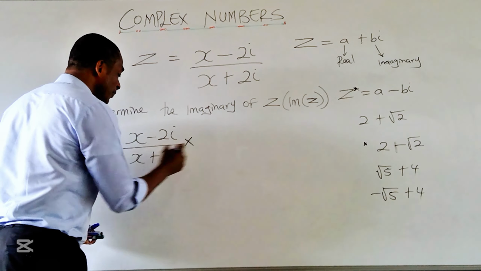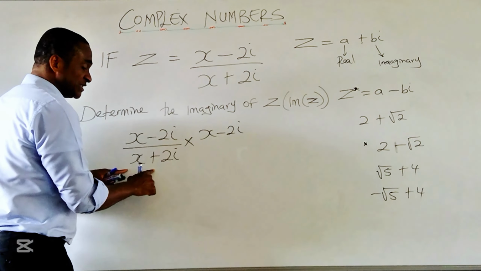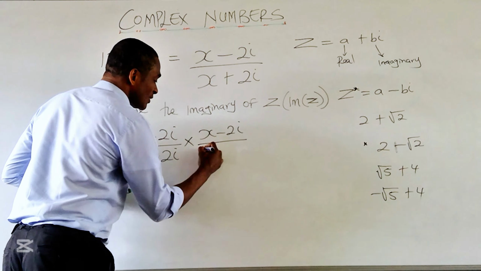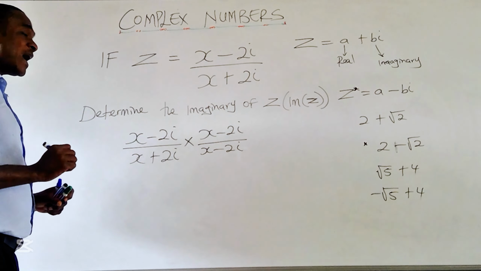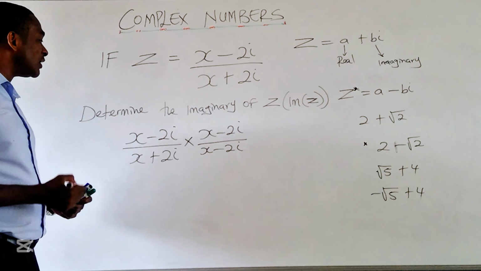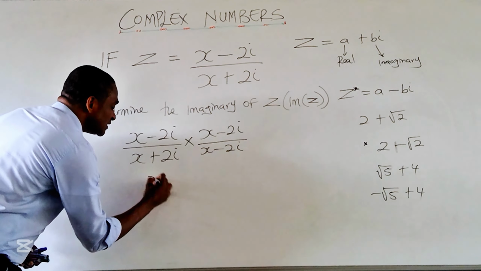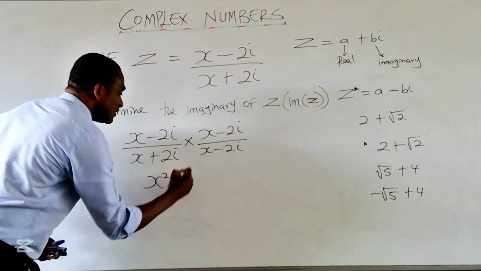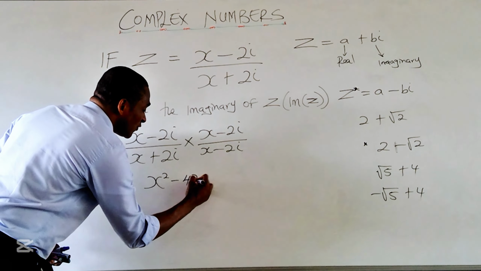Now we multiply both the numerator and the denominator by the conjugate of the denominator. So we have this. Why are we doing this? To eliminate the complex notation in the denominator. So let's go. This gives us x squared minus 2xi minus 2xi, which gives us minus 4xi.